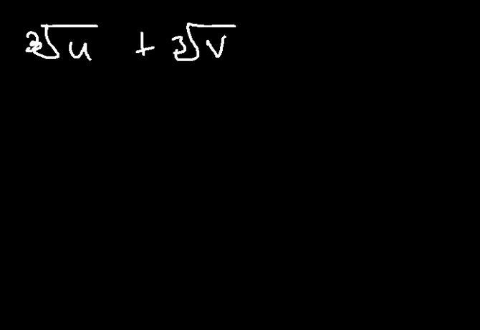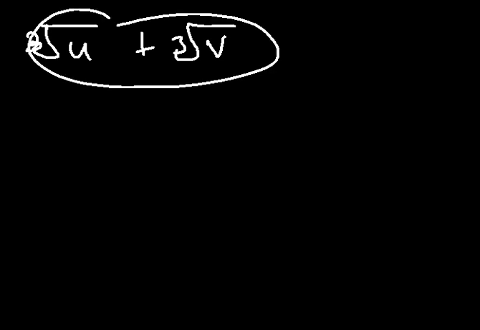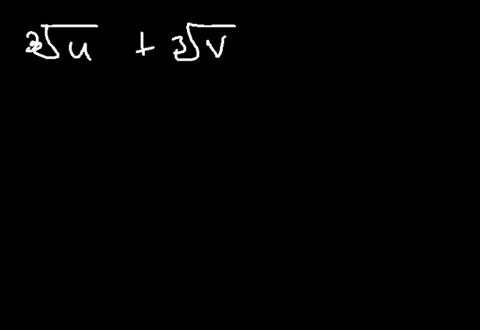Now how about the conjugate of this nature? Let's say we have the cube root of u plus the cube root of v, the sum of 2 cube roots. How can we get the conjugate of this kind of expression?